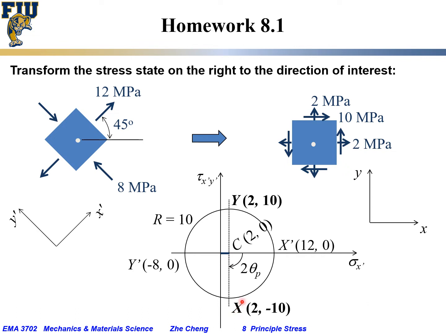Where is x? It would be 2 for the horizontal, and because it is rotated clockwise, the vertical would be minus the radius, or minus 10.